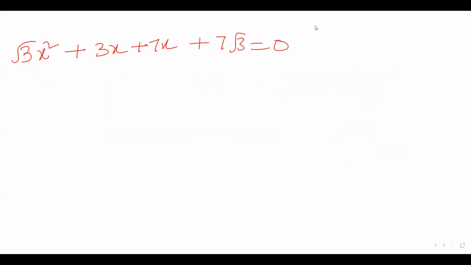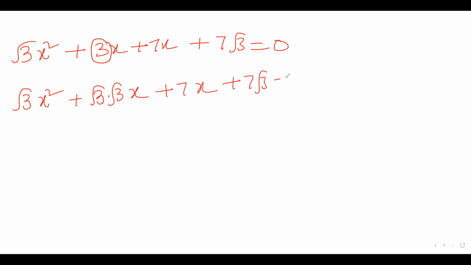Got it? Now I would like to write this 3 as root 3 into root 3. Why? Because root 3 into root 3 is 3 only. Now 7x plus 7 root 3 is equal to 0.